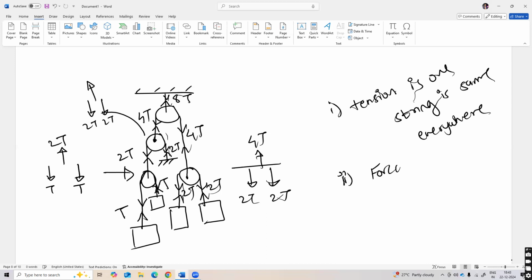Using these two concepts, you should be able to find the tension in different strings. Is it clear to you? Okay, fine.